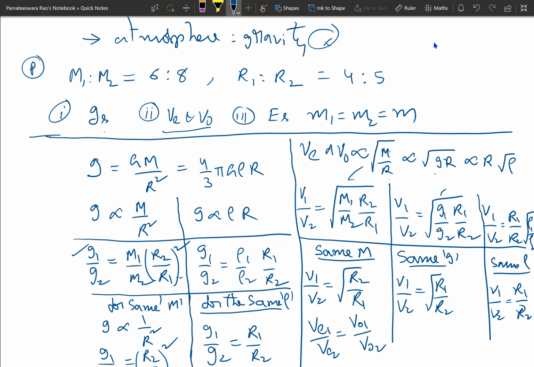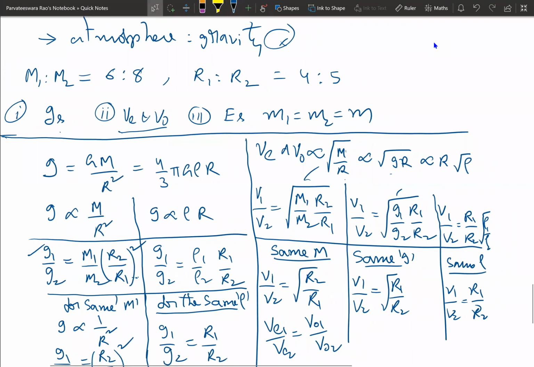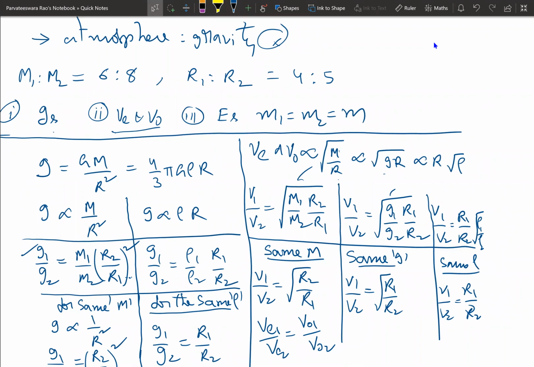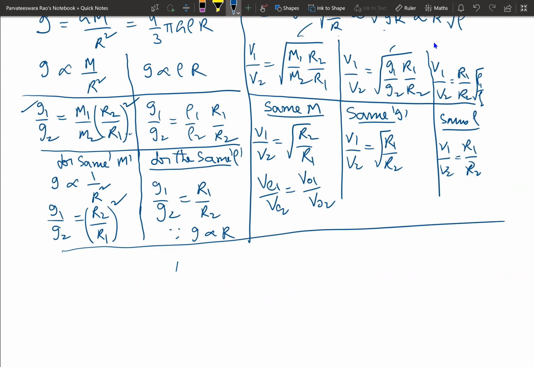Have you noted it? Similarly, total energy is equal to minus G capital M small m by 2R.